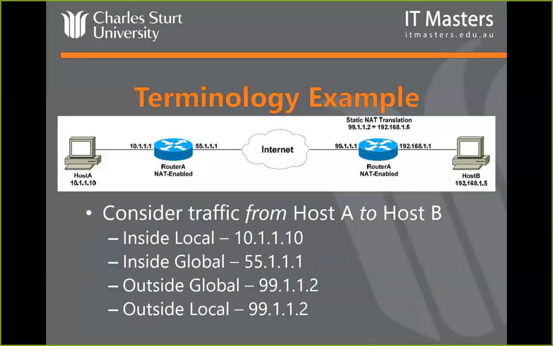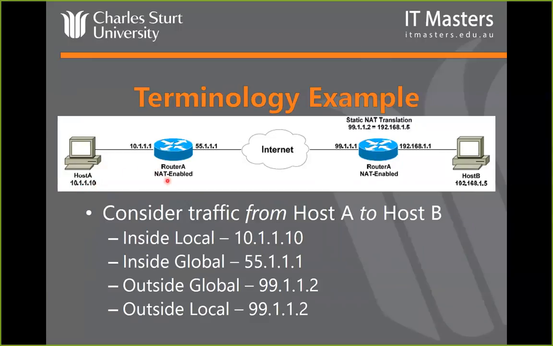So if we looked at a really quick example, I'll turn my laser pointer on, although sometimes it doesn't effectively turn off, so I risk this. But anyway, we'll go down this track because it's easier for you guys to see. If we consider this diagram here, on the left-hand side we have host A, which has the IP address of 10.1.1.10.